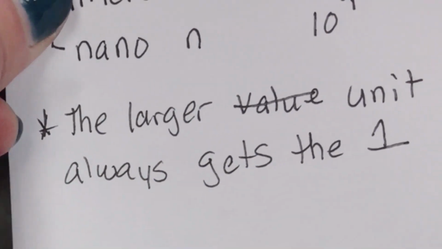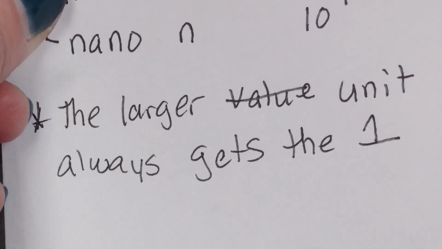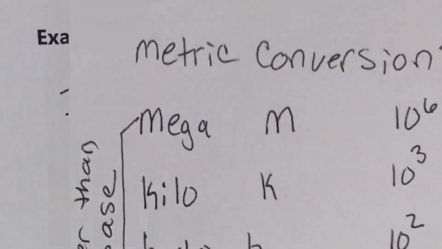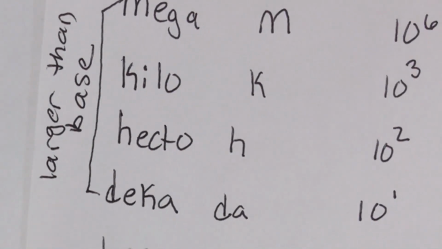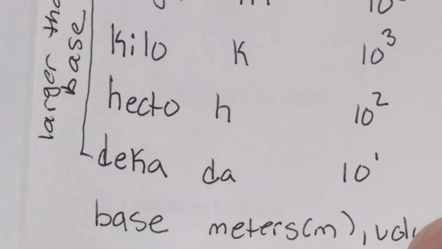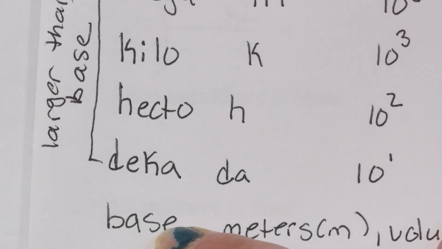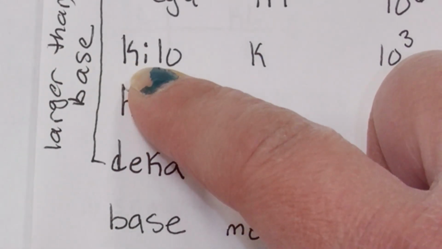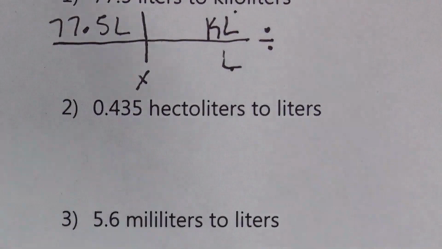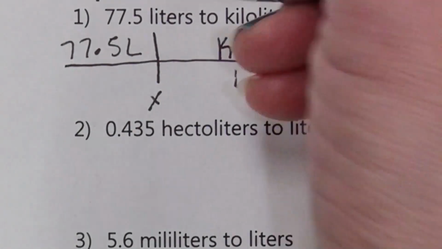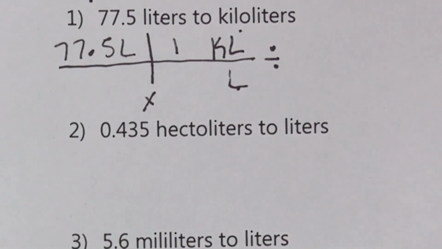Now, we also saw that the larger unit always gets the 1. So when I'm looking at my chart, out of the kilo and the base, which is larger? Kilo is larger than the base. So kilo gets the 1.